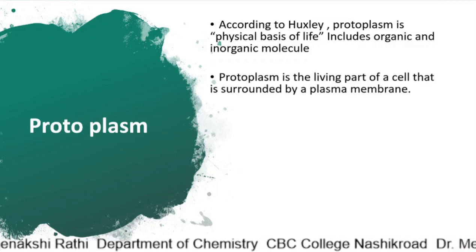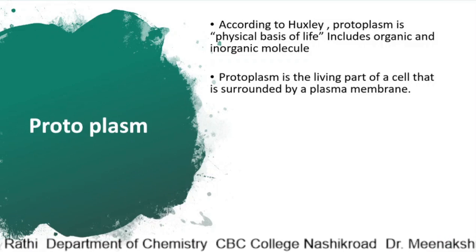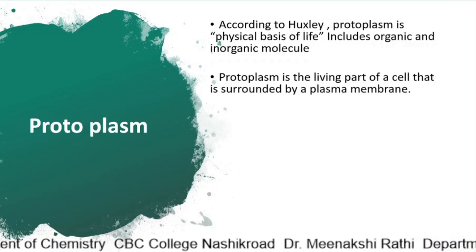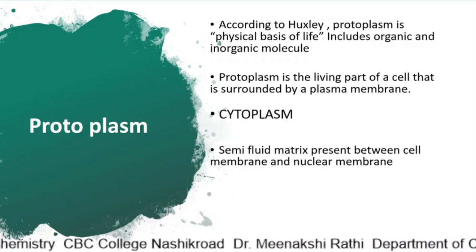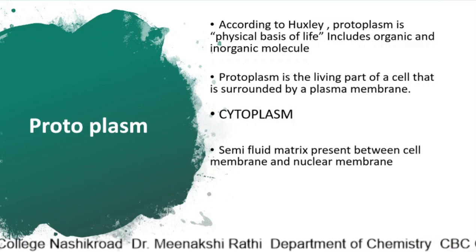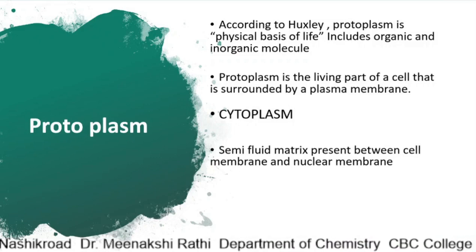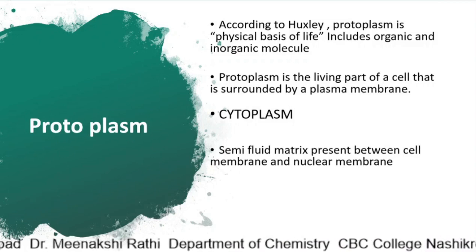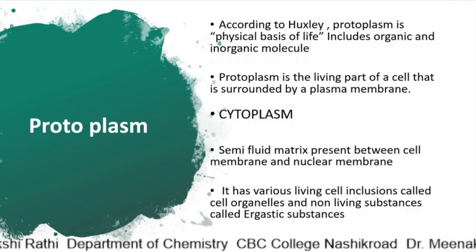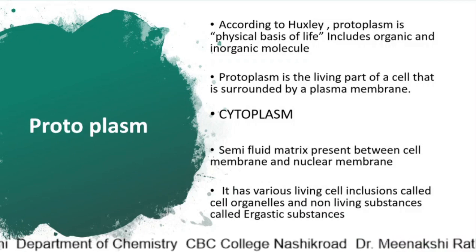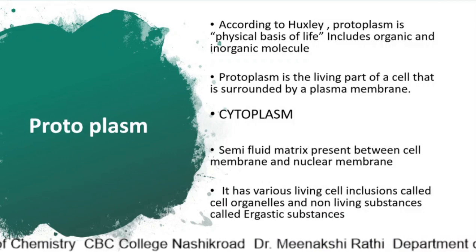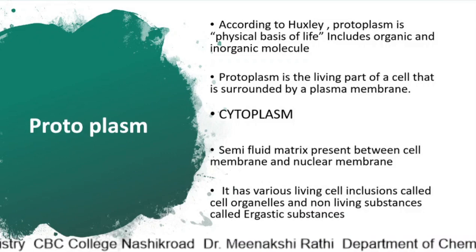Protoplasm is the living part of the cell that is surrounded by the plasma membrane. The inner part of the cell is called protoplasm. Now, cytoplasm is the semi-fluid matrix present between the cell membrane and the nuclear membrane. The fluid which is present in the cell is called cytoplasm, and this cytoplasm has various living cell inclusions which we call cell organelles like mitochondria, Golgi complex, endoplasmic reticulum.